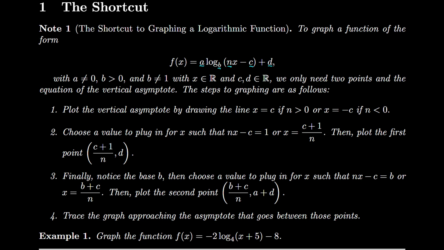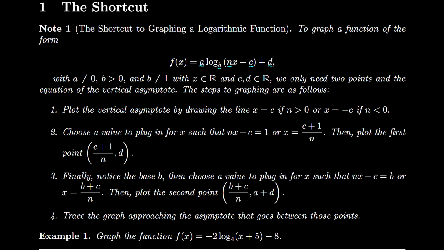If you go back and look at how we did the exponential function, you can see that there are a lot of similarities here. We needed 2 points and a horizontal asymptote for the exponential, and for the logarithm we just need its inverse: 2 points and the equation of its vertical asymptote. So all logarithmic functions do have a vertical asymptote, and here's how we do it.